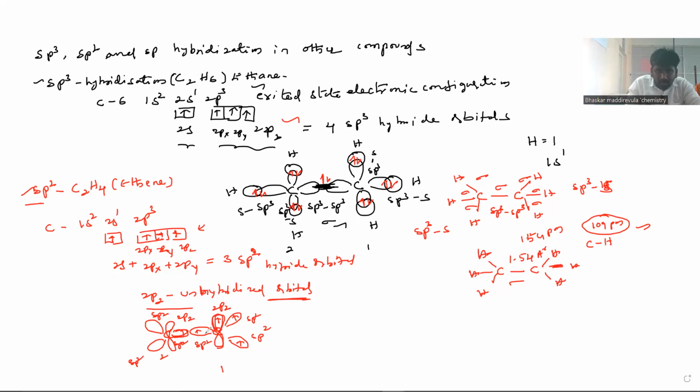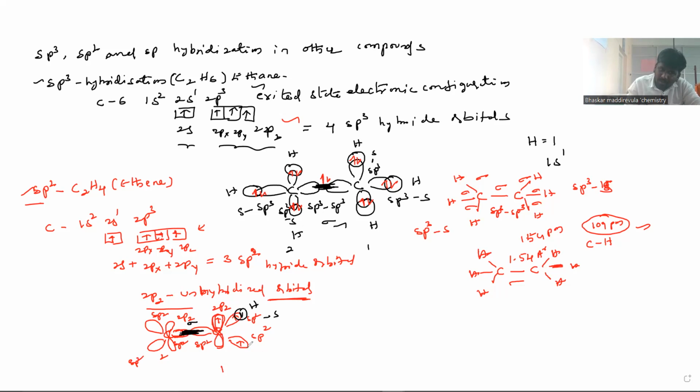Now, the sp2 orbitals of the carbons overlap end on end and give one sigma bond. The remaining sp2 orbitals overlap with the s orbital of hydrogen.